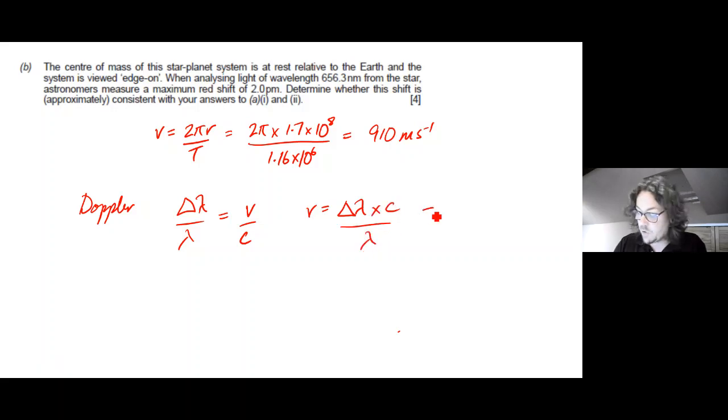And if we put all that in, remembering that we're talking about a very small shift, we end up with a speed of 914 meters per second.